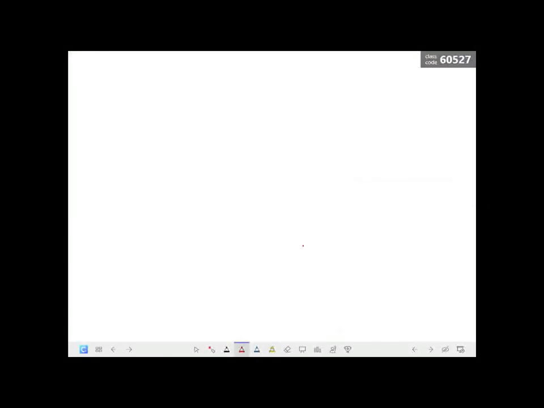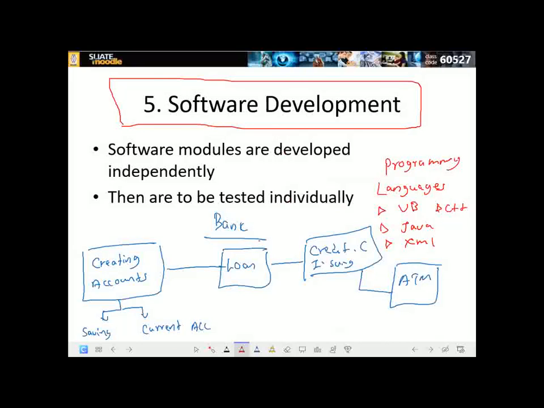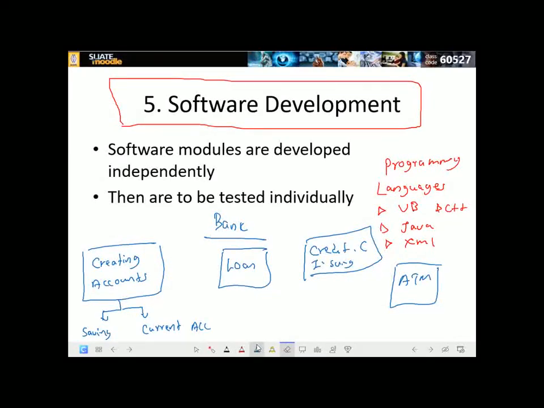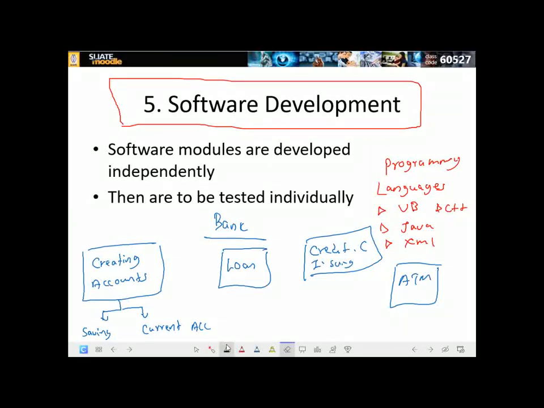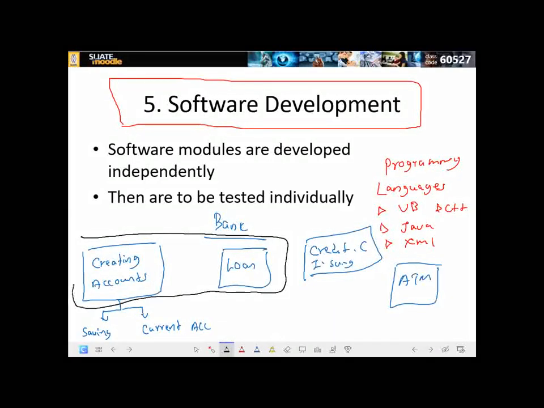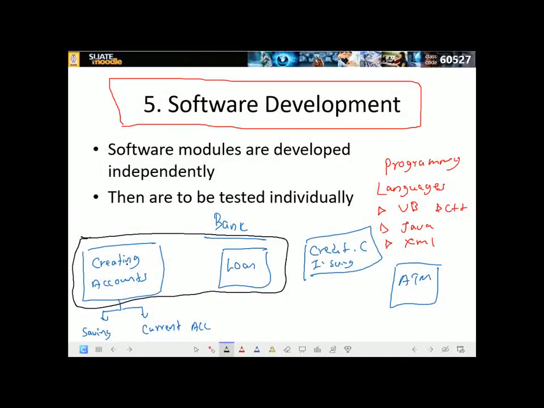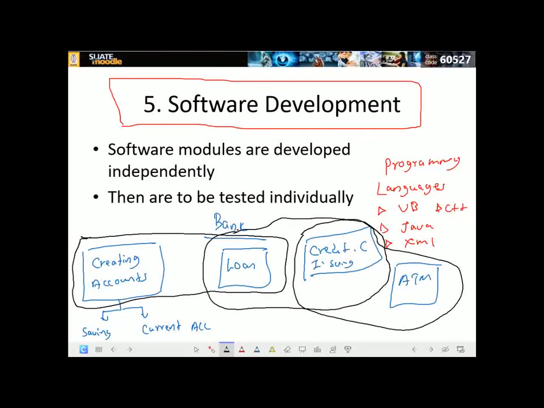ඉස්සල්ලා අපි ගත්තා මේකේ තියෙනවානේ, right? ඉස්සල්ලා මොකද කරන්නේ? අපි individual test කරනවා. හදපු modules, right? ඊට පස්සේ අපිට පුළුවන් මේවා unit test විදියට කරන්න. අපි හිතමු කීපයක් අල්ලලා කරනවා. creating accounts එකයි loan එකයි දෙක එකතු කරලා මේ unit එක test කරනවා. මේක තියෙන්නේ අපි හිතමු bank එකේ front office පැත්ත. ඊට පස්සේ credit card එකයි ATM එකයි අල්ලලා unit එකක් test කරනවා. ඒ වගේම loan එකයි credit card එකයි අල්ලලා unit එකක් test කරන්න පුළුවන්. modules දෙක තුනක් එකතු කරලා test කරන එකට we call it unit testing.